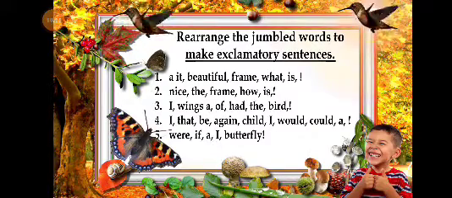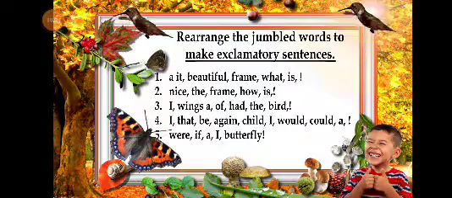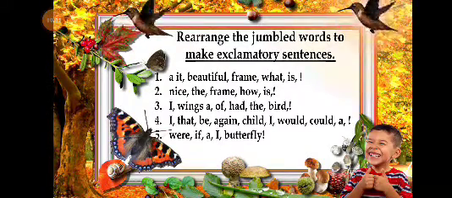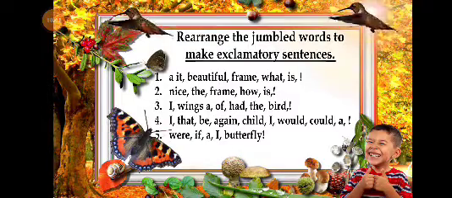Would that I could be a child again. Here we can use would that because it is also the same as if, and we have also learned this formation before. Now number 5, if I were a butterfly. Actually it's not possible, but sometimes we wish to be something impossible.